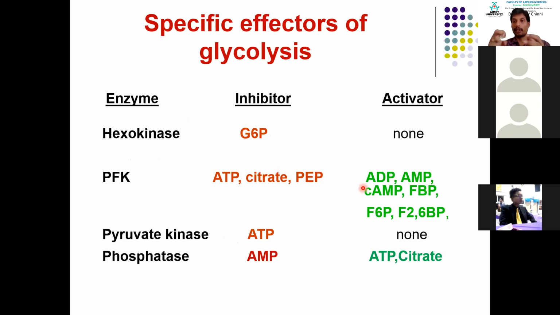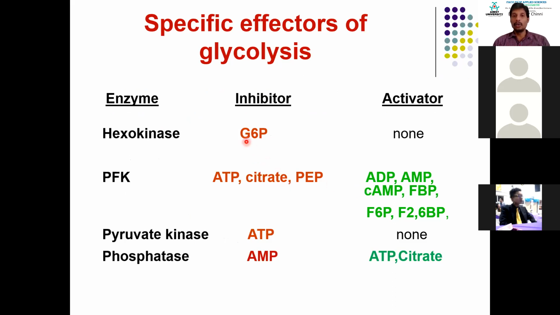When the enzyme binds another molecule at another area, which changes the structure of the enzyme and makes it inactive, that is called allosteric modification.